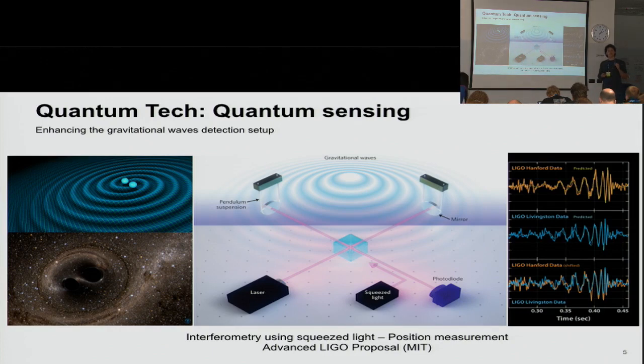One application for sensing that is currently being looked into is for basic research. There are projects at LIGO to enhance the sensitivity of a detector of gravitational waves by using non-classical states of light.